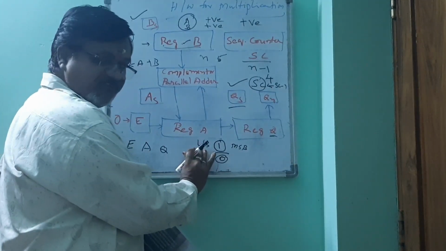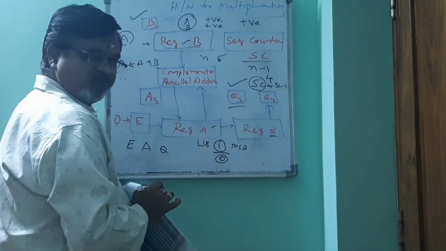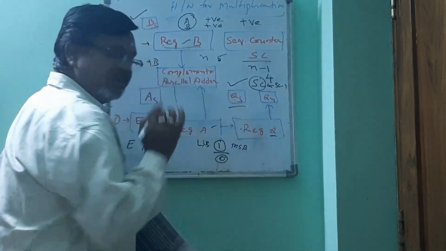The least significant bit of A register will be moved as the most significant bit of Q.